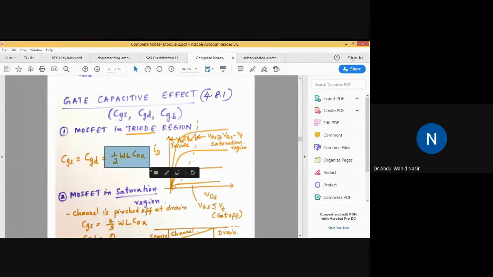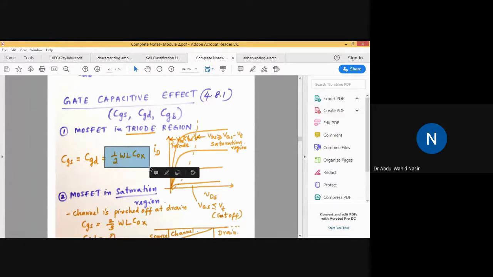You don't need the derivation of this one. Just know that this is the capacitance between gate and source, or between gate and drain. In the examination there will not be any derivation; it is beyond your scope.